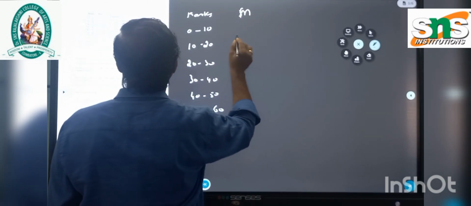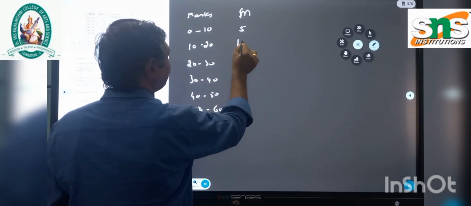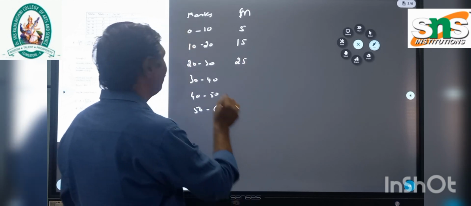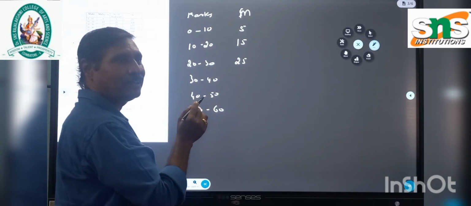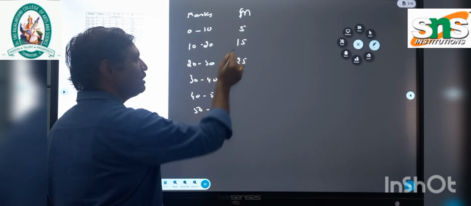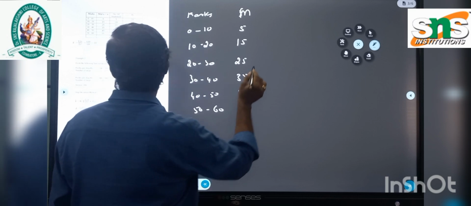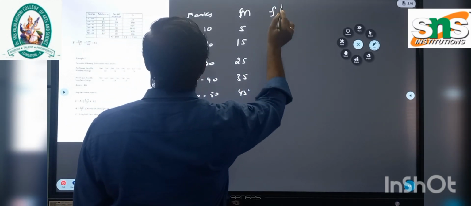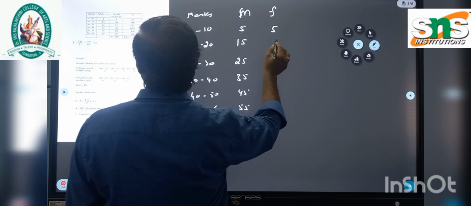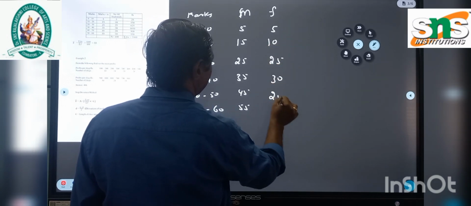The mid value m is 5, that is 0 plus 10 divided by 2 is 5, 10 plus 20 divided by 2 is 15, 20 plus 30 divided by 2 is 25. And what is the next value? What is the range? Range is 20. Range means the difference between the largest and the smallest value. The difference of these two is 10, so we add 10 here. So 35, 45 and then 55. Then you write the number of students, that is the frequency: 5, 10, 25, 30, 20 and then 10.